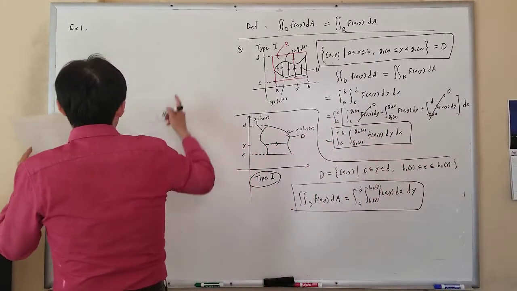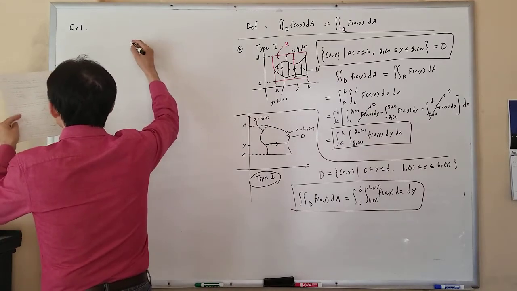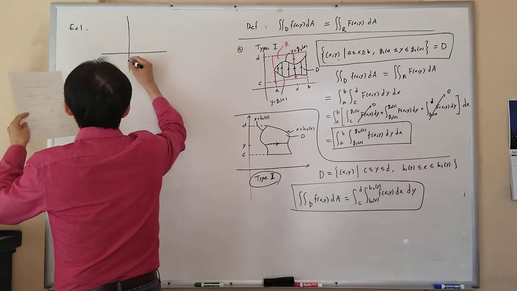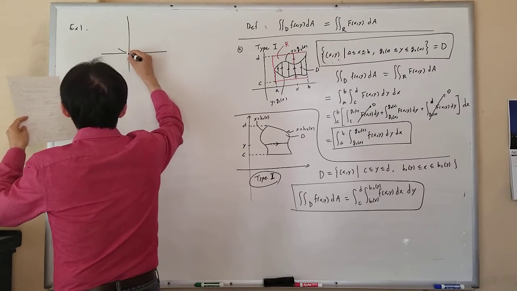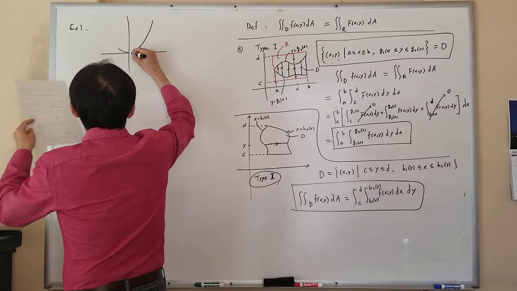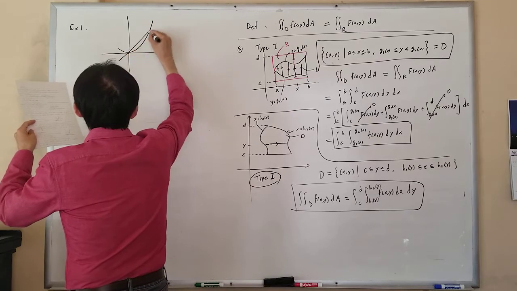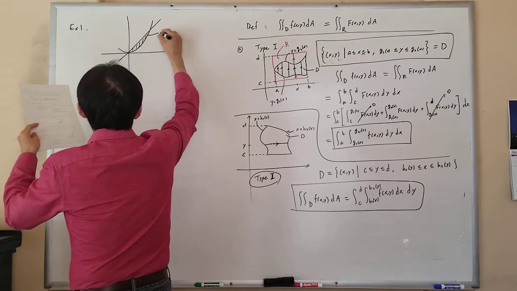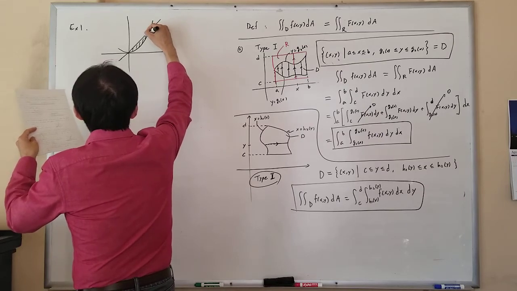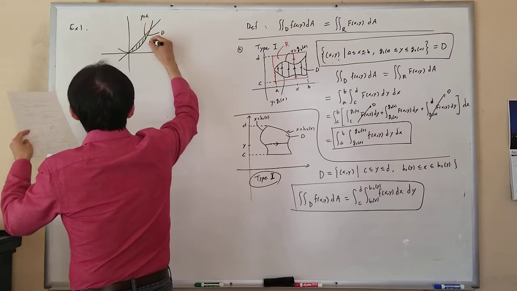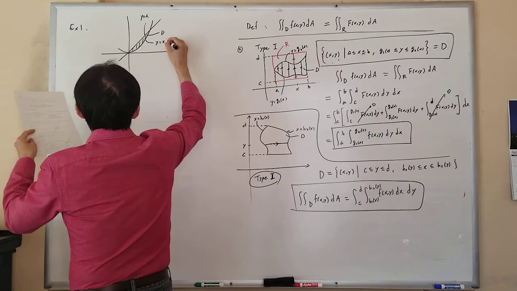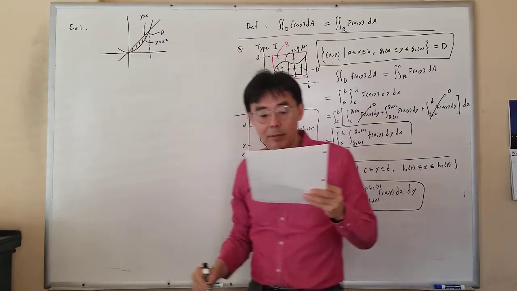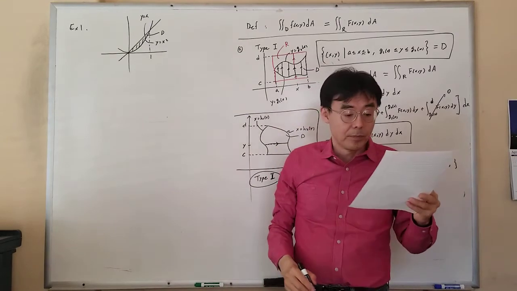So first of all, the region domain is between y equals x squared and y equals x. This is the domain D. Obviously, they intersect at 0 and 1. That's the domain.